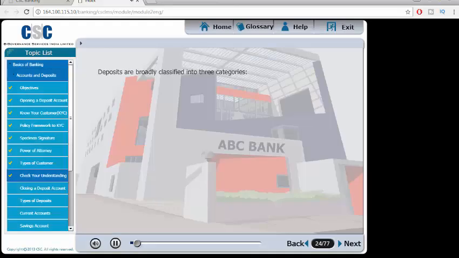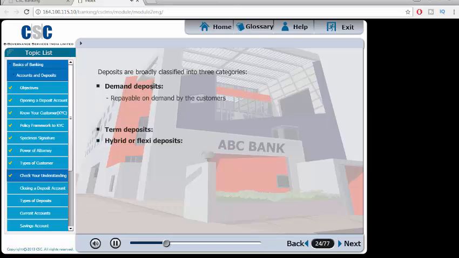Deposits are broadly classified into 3 categories: demand deposits, term deposits, and hybrid or flexi deposits. Demand deposits are deposits that are repayable on demand by the customers.